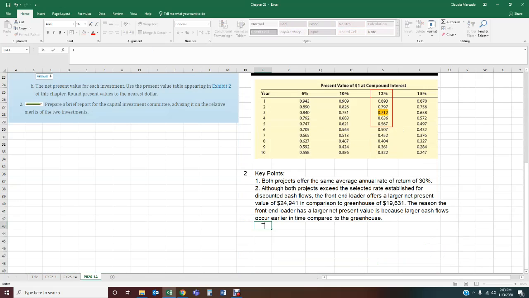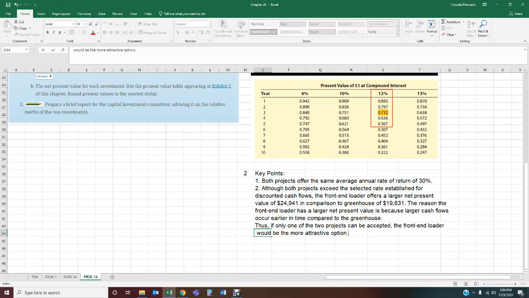So if you had to make a choice, thus, if only one of the two projects can be accepted, the front end loader would be the more attractive option.